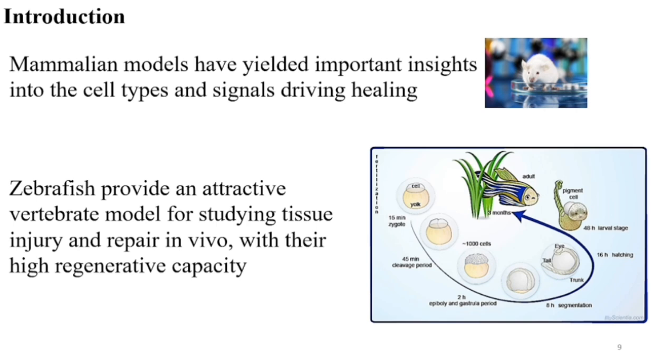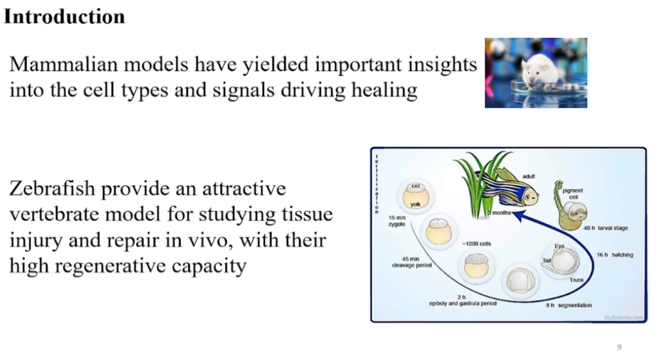Unlike mammals, which have given huge important insight into cell types and signal-driven healing, zebrafish have optically clear embryos and larvae, and pigment-free adult zebrafish lines are available, facilitating high-resolution optical imaging of cellular and even subcellular features in intact animals.